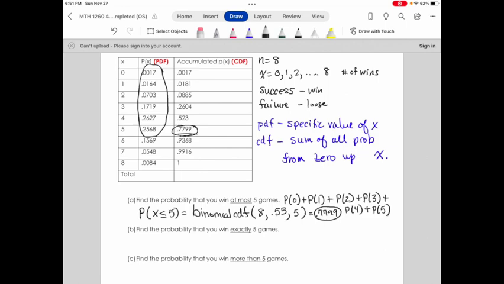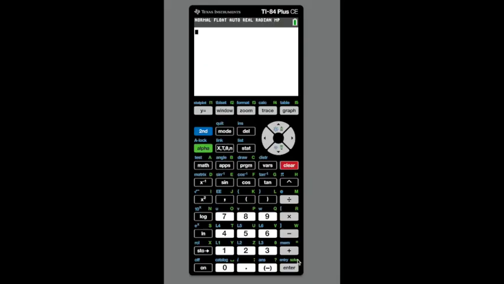Okay, so now let me show you how you can access the binomial PDF and CDF on the calculator. To access your binomial PDF and binomial CDF functions, look by your arrow keypad or by your clear button. Right next to that, it should say VARS, V-A-R-S, this button here.